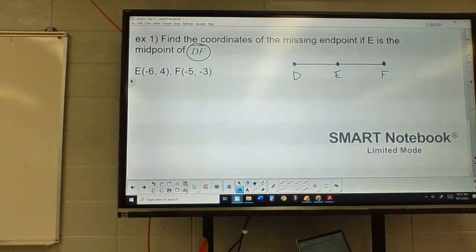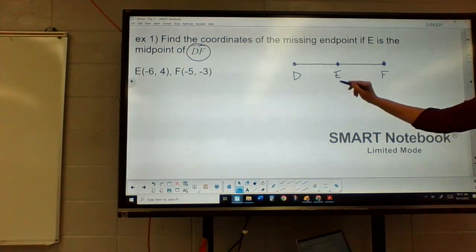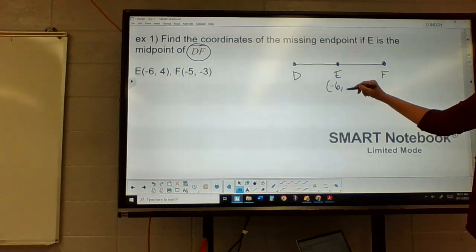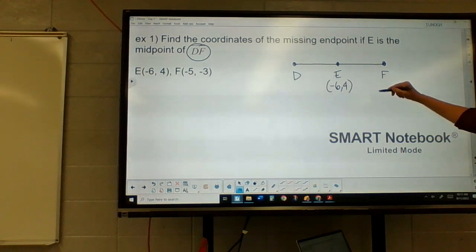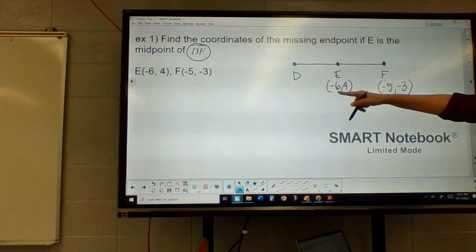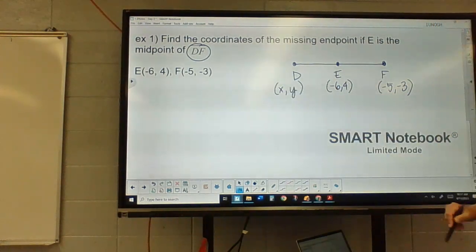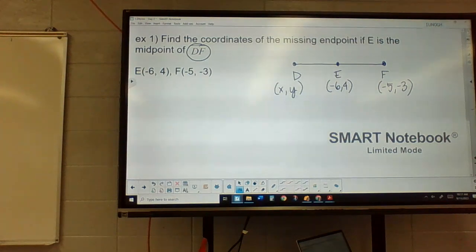But now why this is important is because if you look at what they've given us, they haven't given us what the point D actually is. They've told me E, and they've told me F. And they want me to find D. They want me to find a coordinate point.